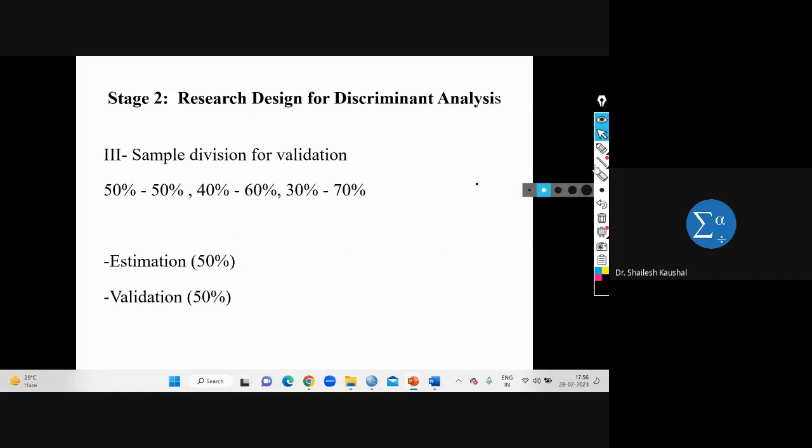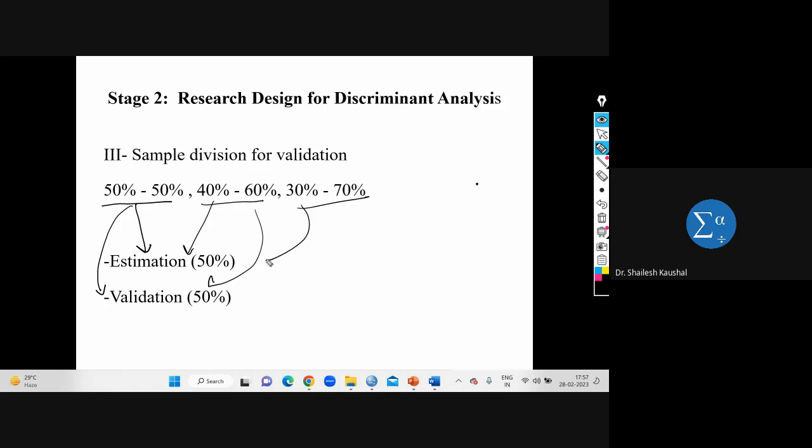Sample validation. So we can divide our sample into two categories for validation purpose. 50-50%. 50 means estimation sample 50% and validation 50%. Or we can divide our sample into 40 and 60 ratio, 40% estimation and 60% validation.